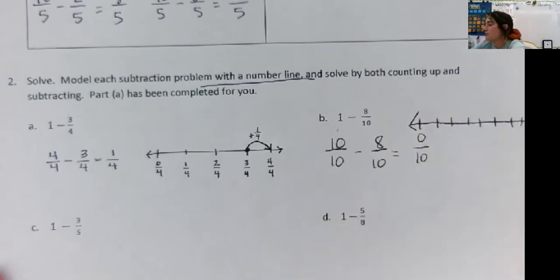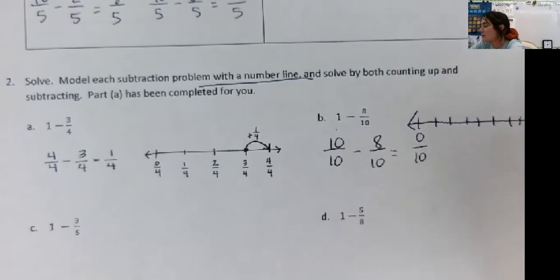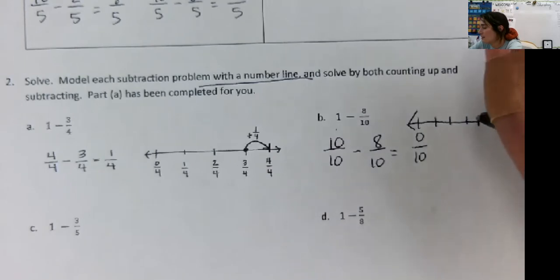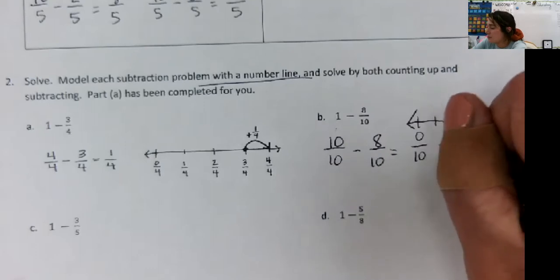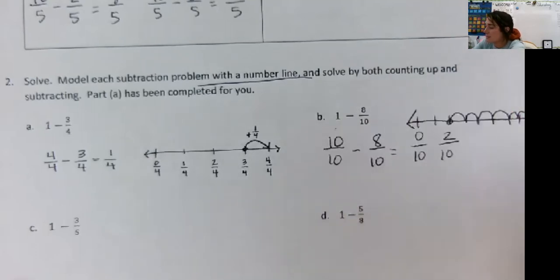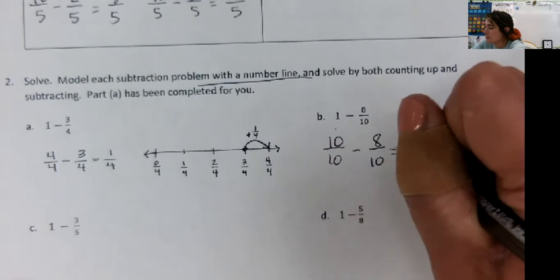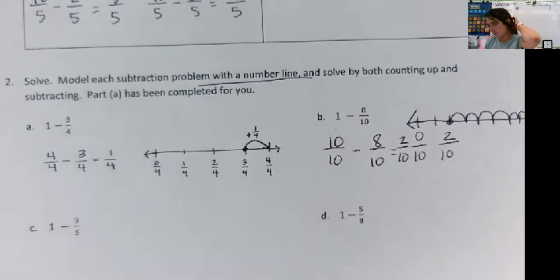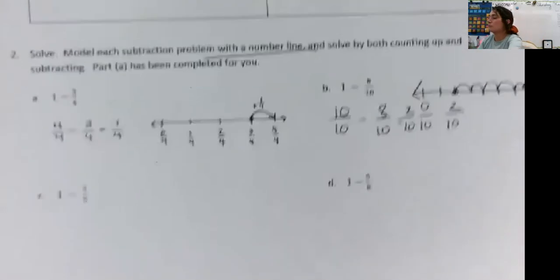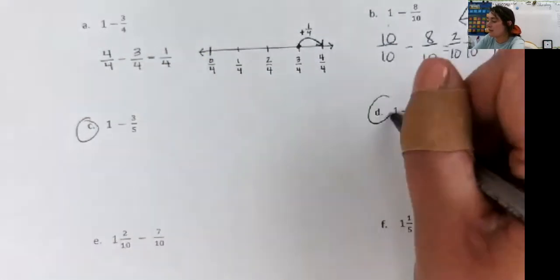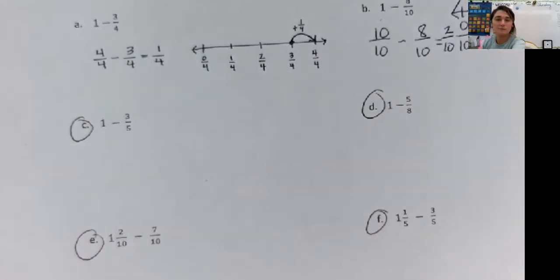And I'm going to subtract 8 tenths. So starting here, 1, 2, 3, 4, 5, 6, 7, 8. I land on 2 tenths. So 10 tenths minus 8 tenths equals 2 tenths. I had to kind of squeeze 2 tenths in. I would like you to do C, D, E, and F.